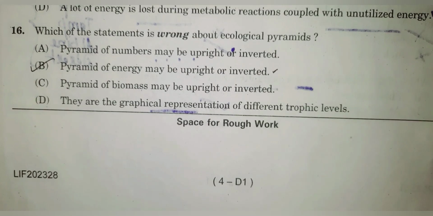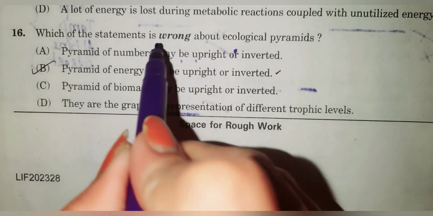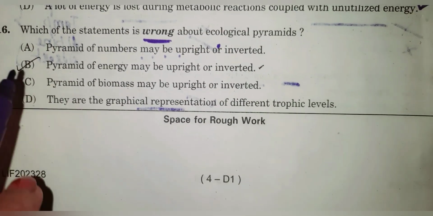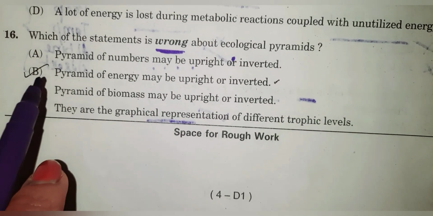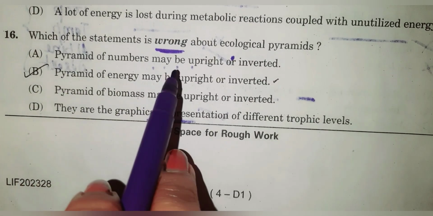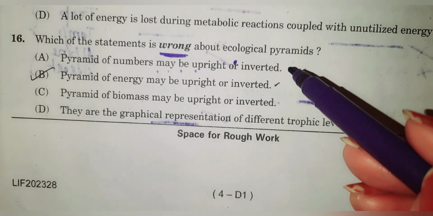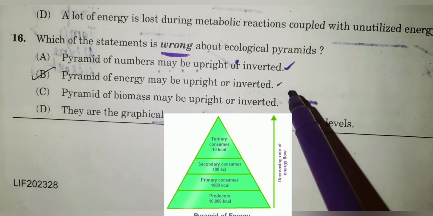Next, which of the statements is wrong about ecological pyramid? Let's take a keen look at each option given here. Pyramid of number may be upright or inverted. Correct. Pyramid of energy may be upright or inverted.